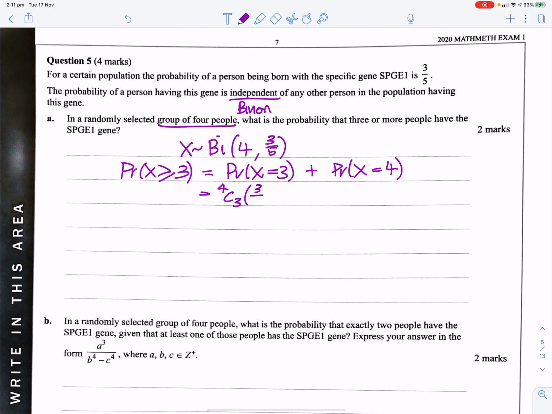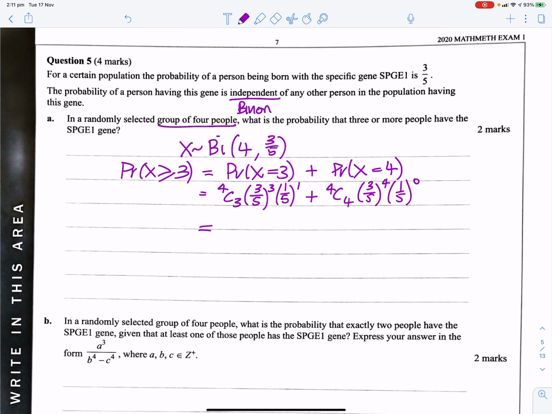4C3, 3/5 to the 3, 1/5 to the 1. 4C4, 3/5 to the 4, 1/5 to the 0. That's 4C3.